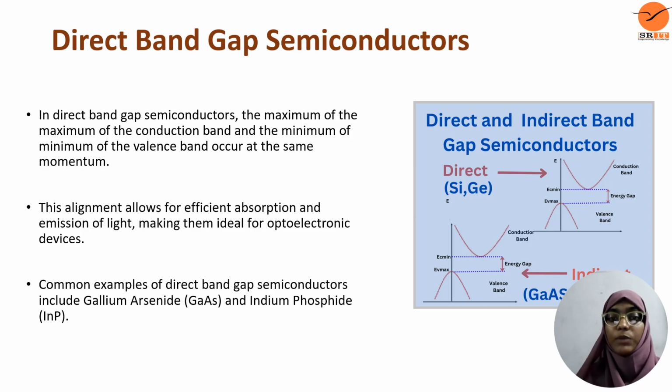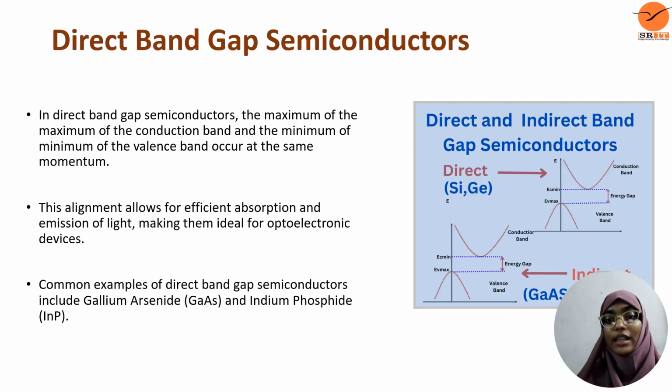In direct band gap semiconductors, the maximum of the conduction band and the minimum of the valency band occur at the same momentum. This alignment allows for the efficient absorption and emission of light, making them ideal for optoelectronic devices.